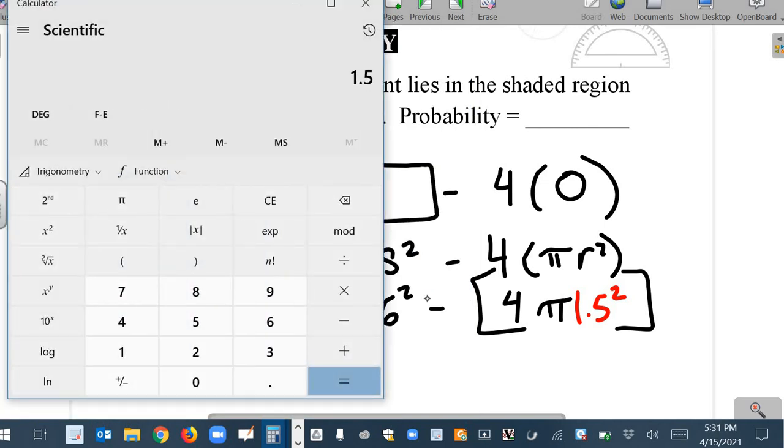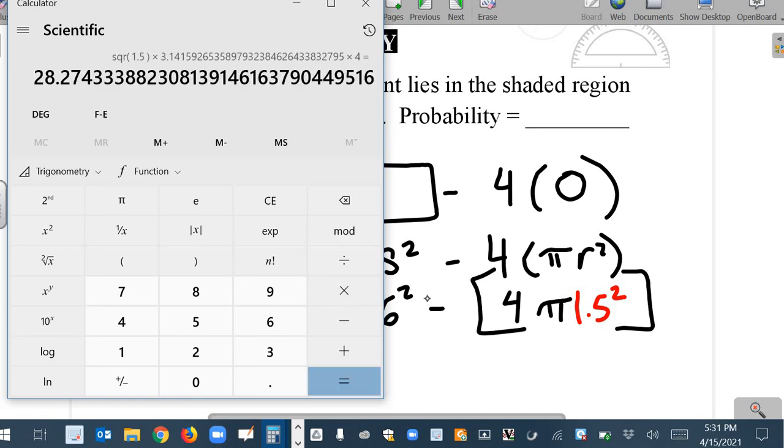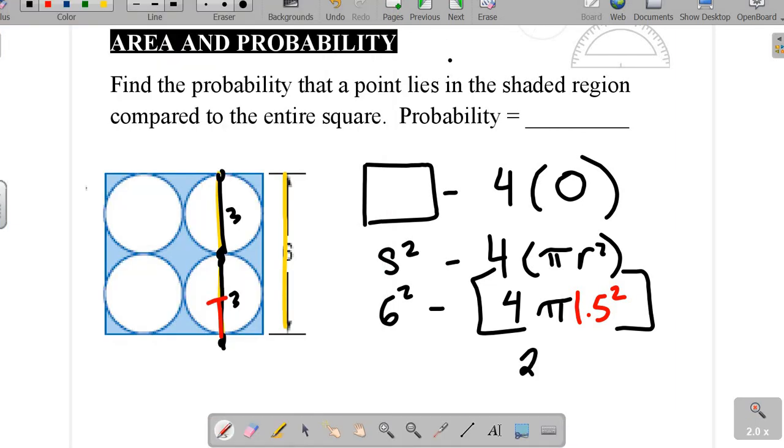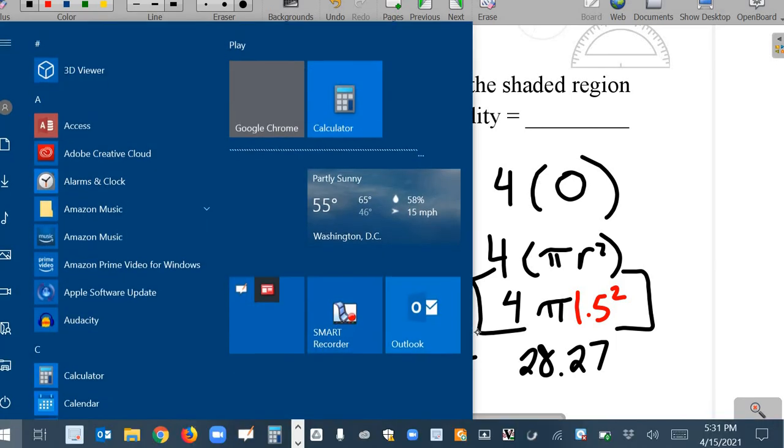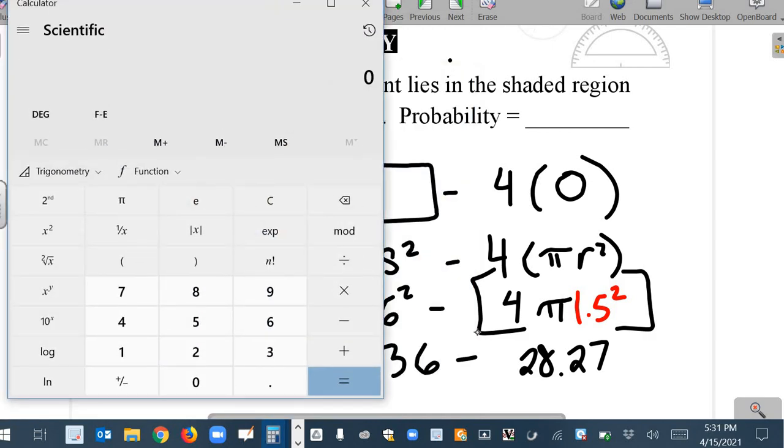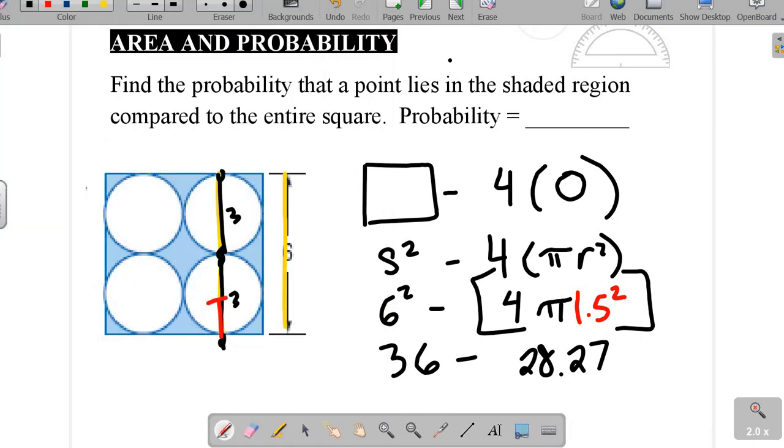So 1.5 squared times pi times 4 gets us 28.27. My side squared is 6 squared, which is 36. We subtract, so our shaded area is approximately 7.7.